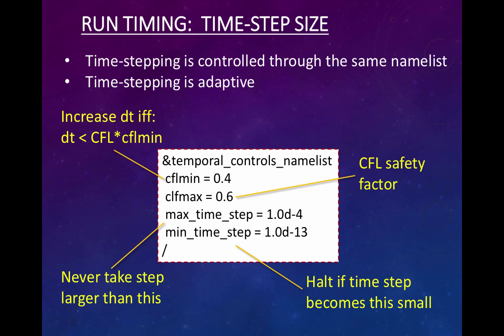And then there's a CFL condition in the code based off of your flow speed, based off of the Alfvén speed if you've got magnetism on. And the idea is that whatever limit that gives you, you won't take a time step larger than CFL max times that. So this is just a standard CFL safety factor, is what CFL max is. And so the code has adaptive time stepping, so if the time step gets pushed down very far, it will try to bring the time step back up.